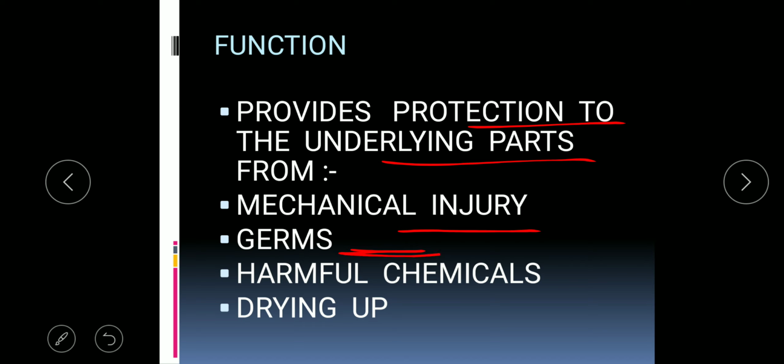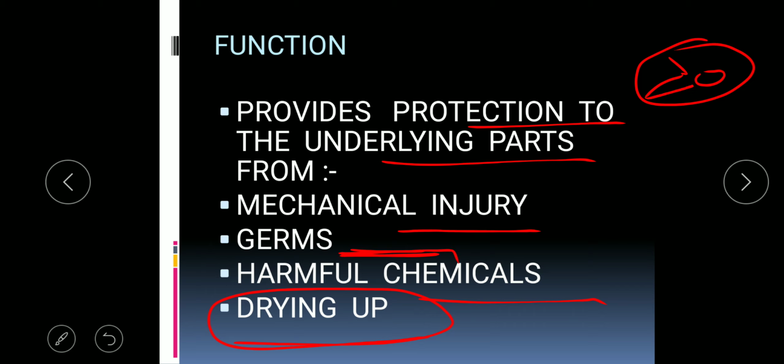The germs will not be allowed to enter the internal parts of the body because there is a lining of squamous epithelial tissue. It also provides protection from harmful chemicals, and it also prevents drying up. It means the moisture or the water content of the different organs and organ systems is maintained because of this squamous epithelial tissue.